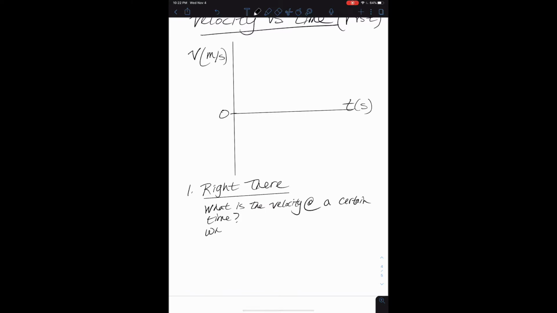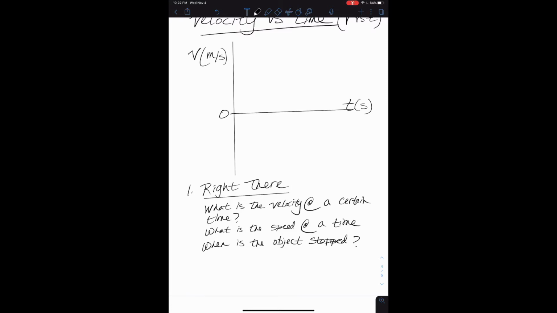What is the speed at a time? It might ask, when is the object stopped? They also might ask, when is the object speeding up or slowing down? But I usually don't ask that question a ton. Those get a little tougher.